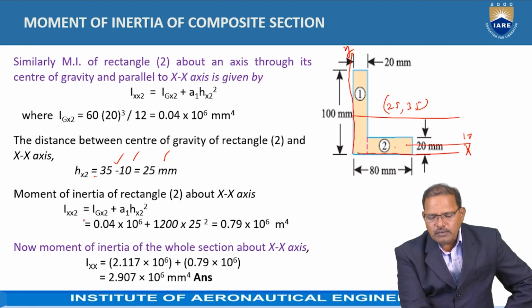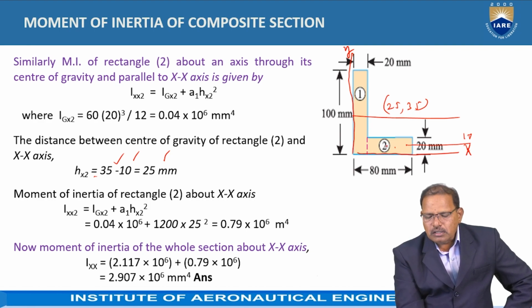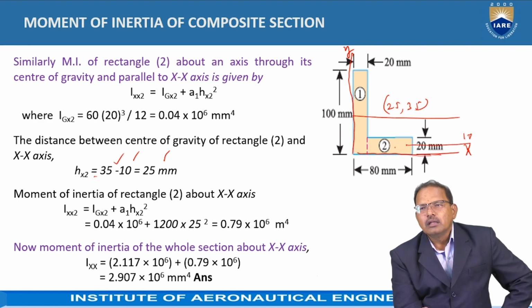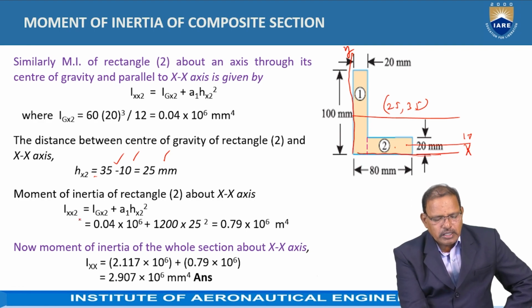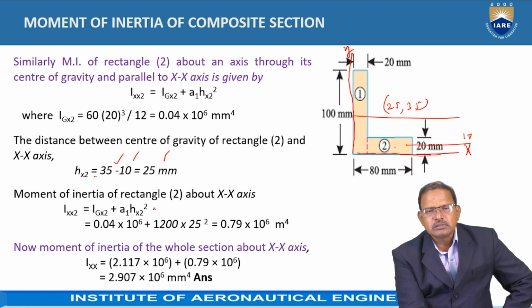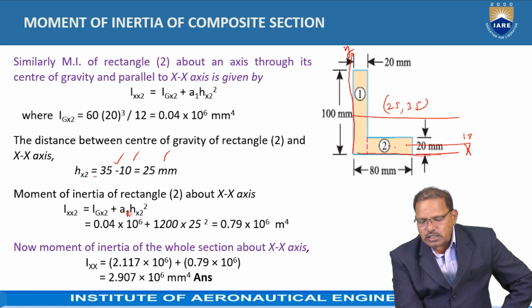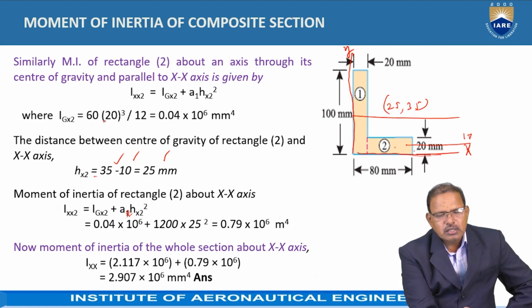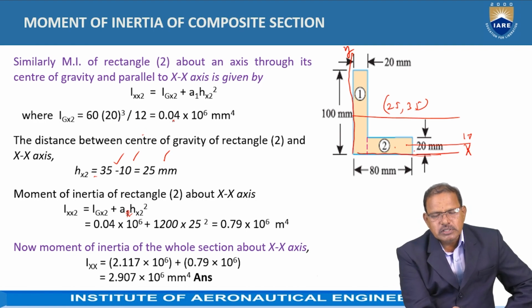According to the Parallel Axis Theorem, the moment of inertia of rectangle 2 about the x-axis is given by Ix2 equal to Igx2 plus A2 Hx2 squared, where Igx2 is the moment of inertia of the rectangle about its own central axis. Dividing 20 into two parts, this is equal to 60 into 20 cubed divided by 12, which is 0.04 into 10 to the power of 6.